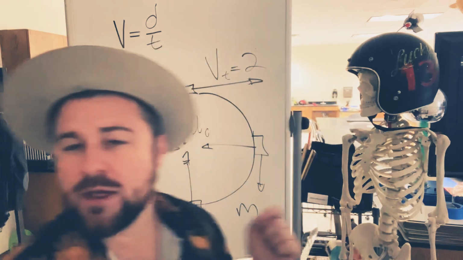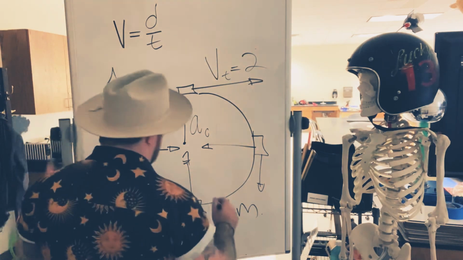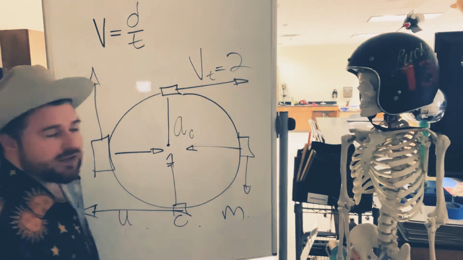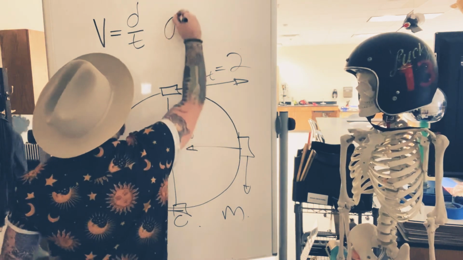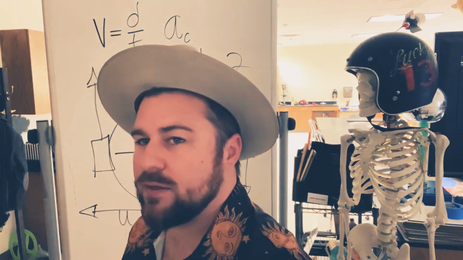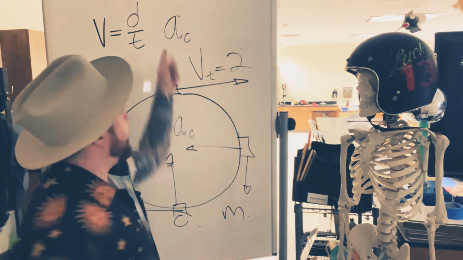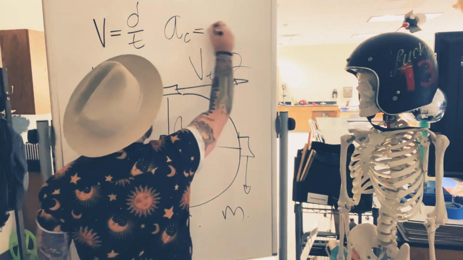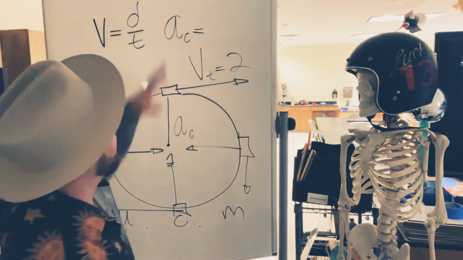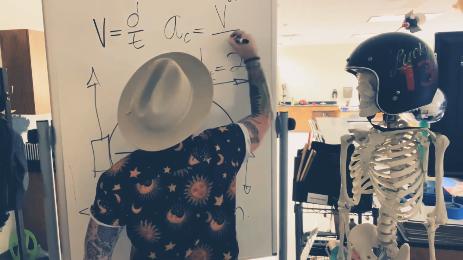Let's go. What's the equation that describes this acceleration? How do I figure it out? This is one of my favorites. My acceleration, A sub C. What does the C stand for? Check my Loom. It's called centripetal acceleration. A sub C, this circular acceleration, centripetal acceleration, is v squared over r.